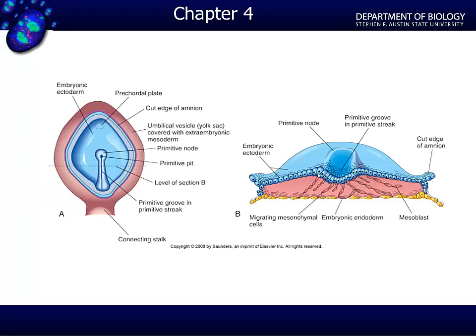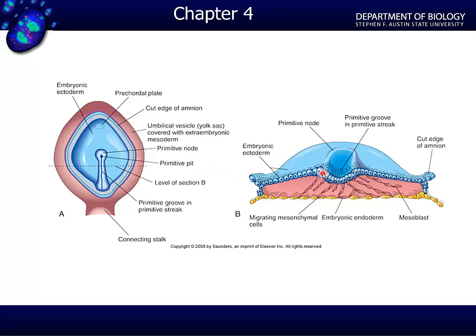So once again, here we have an illustration showing our primitive node. You can see that it is more rounded, primitive pit in the center. Here we have our primitive streak, which is the entire structure, and the primitive groove is lying right down the midline. Here we have a transverse section, again at the level of our primitive streak, showing our epiblast cells.